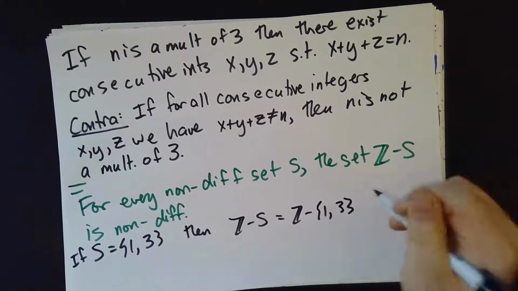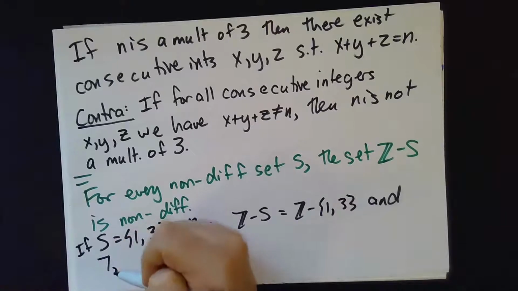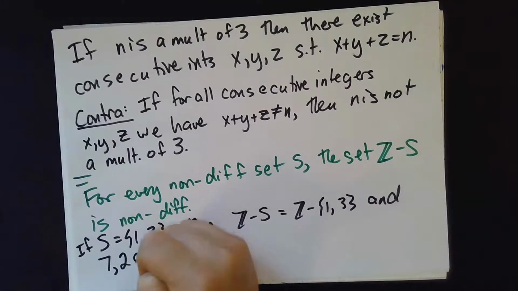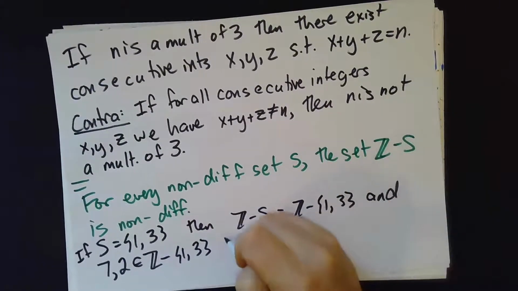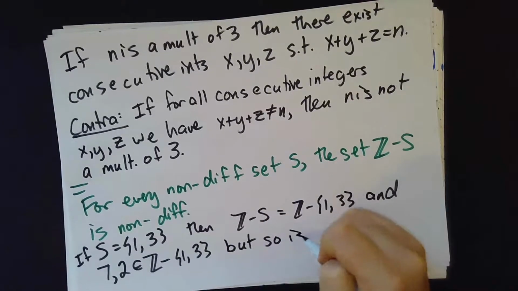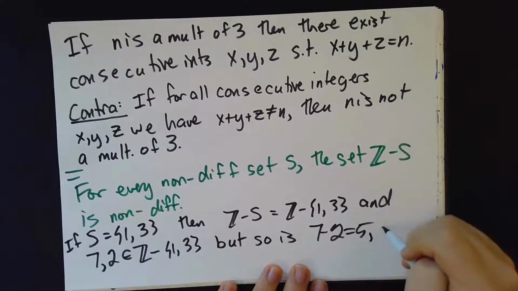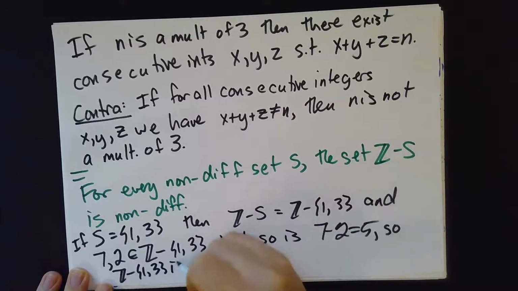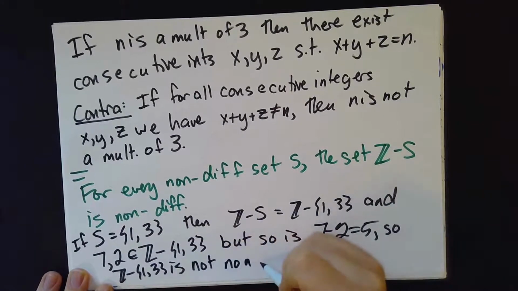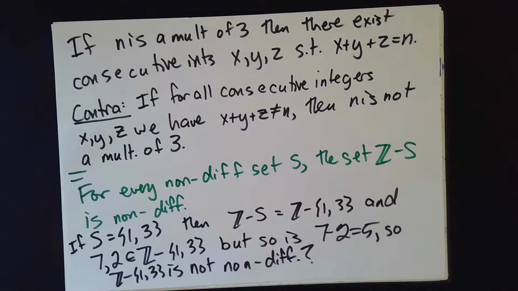And so, for example, say 7 and 2 are both in Z minus {1, 3}, but so is 7 minus 2 equals 5. So Z minus {1, 3} is not non-differential. Something like that.